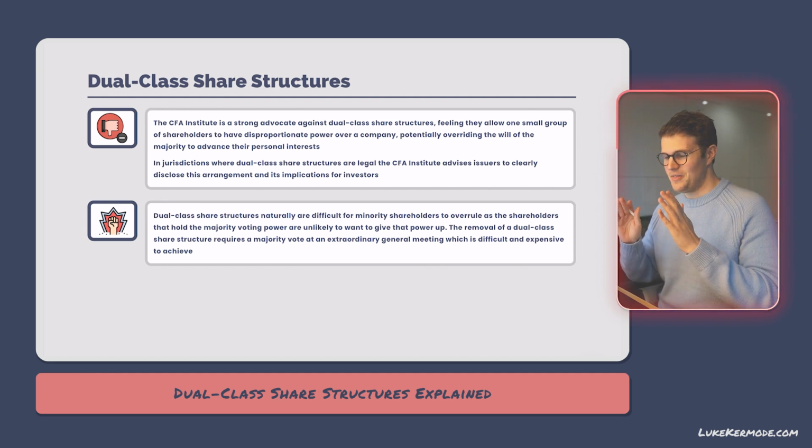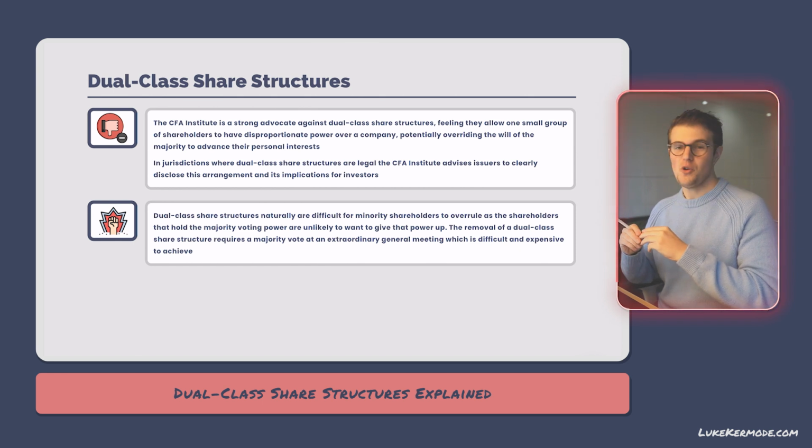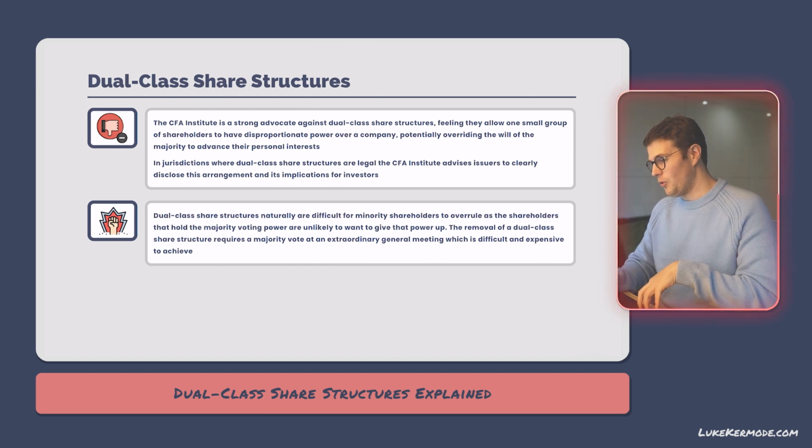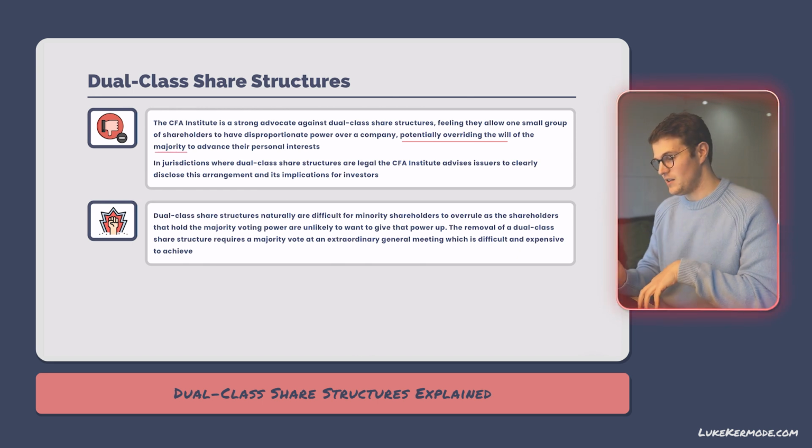And the CFA worries that those shareholders that do hold vast numbers of Class B shares may pursue objectives to the detriment of all of the other shareholders in the company. So they could potentially override the will of the majority that own the total shares outstanding in the company to advance their own personal interests.